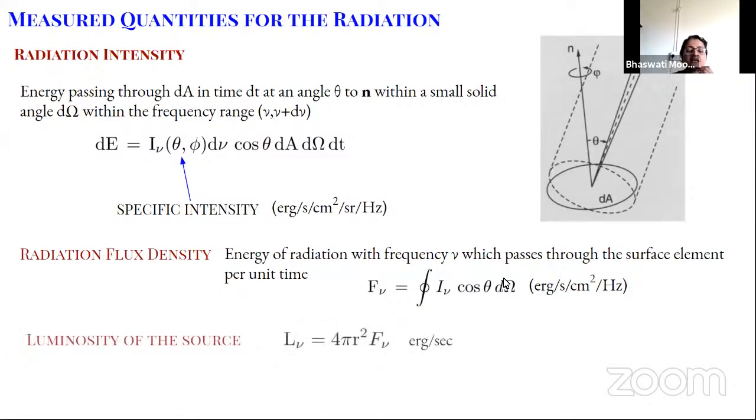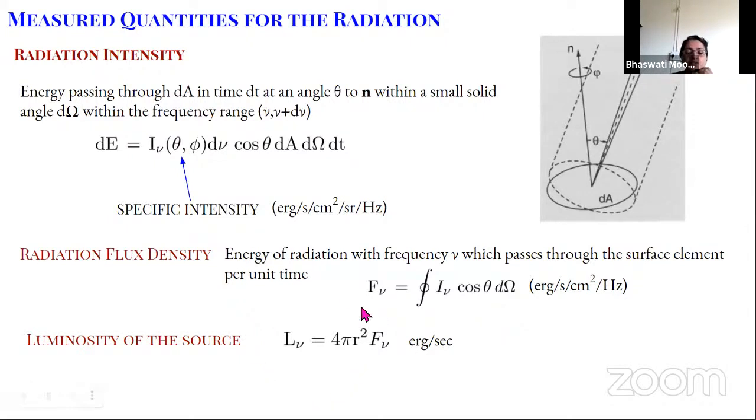And the last quantity, which has been mentioned to you earlier as well, is the luminosity of the source, which gives you the energy radiated per unit time. So it has the units of ergs per second, or basically watts, since joule per second is watt.